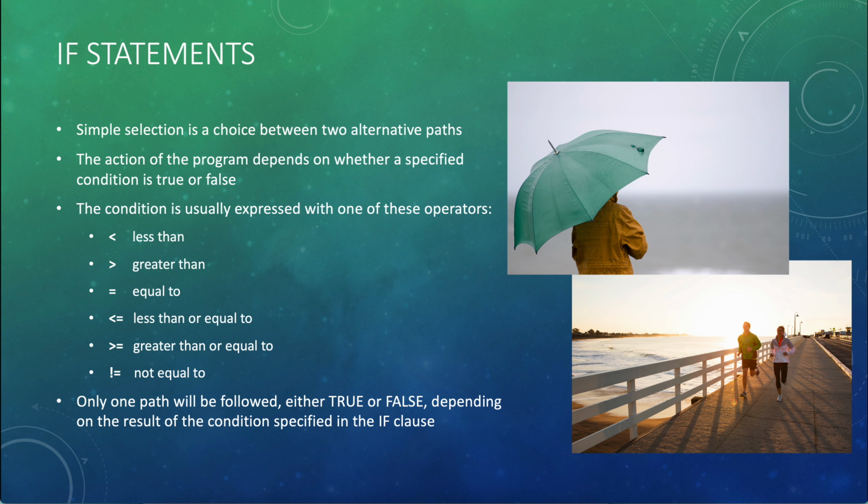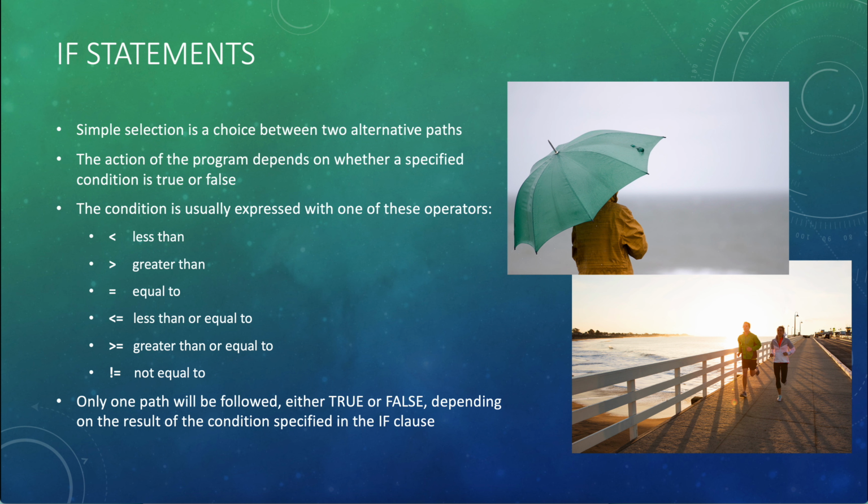To put this in a real-world example, if you look at the pictures on the slide here, something we do almost every day when we leave for work or to go run errands, we look outside or we check the weather report and see is it raining or not, or if it's hot or cold, things like that.